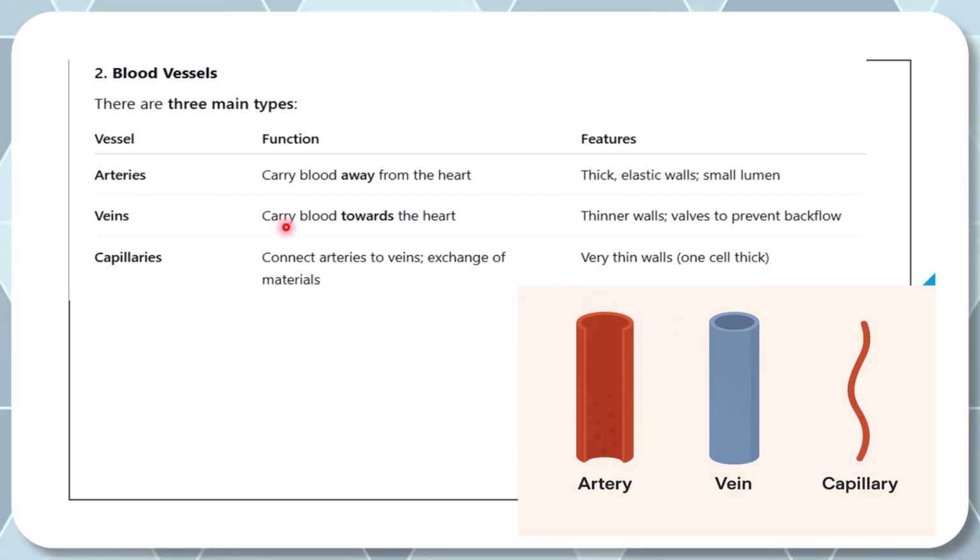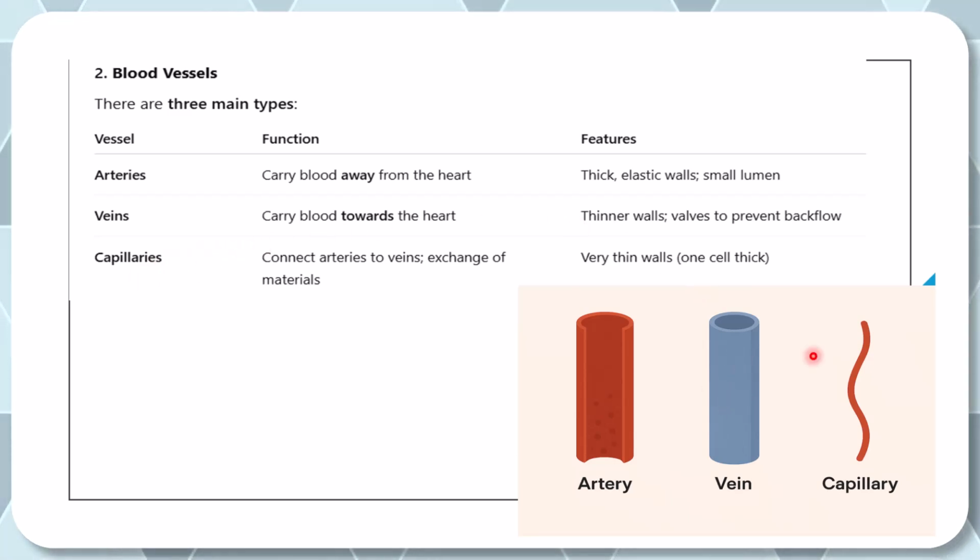They carry blood towards the heart at low pressure, because it's coming back to the heart, which is the pump. So they've got thinner walls, as you can see here, because the pressure is not that much. They also have valves to prevent backflow. Because the blood is flowing at low pressure, there's a tendency for it to stop and make a U-turn. The valves are like blockages, like flaps, that prevent the blood from going back.